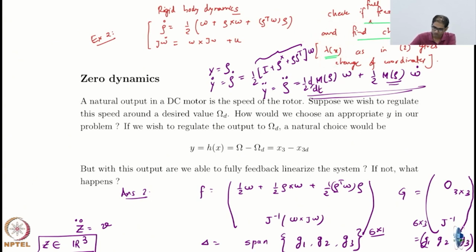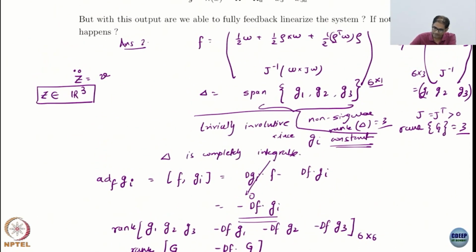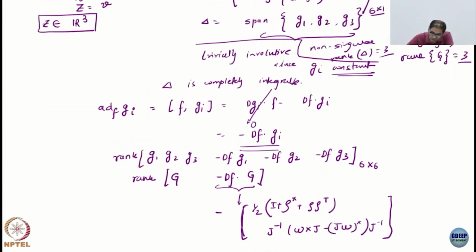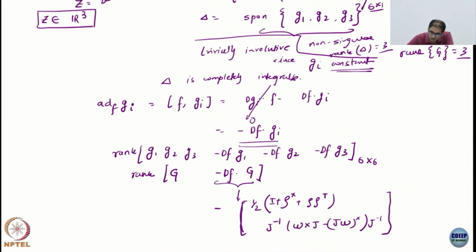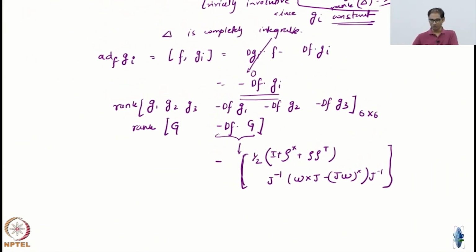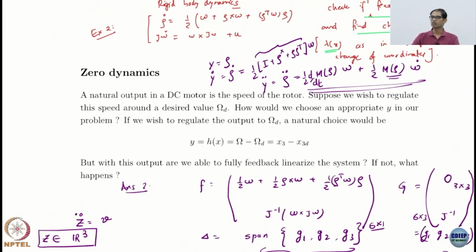I've actually checked a little bit of the involutivity and things like that. I don't know if I actually found the coordinates. Doesn't look like it as of yet. So you can probably give that a shot. Basically, the idea is to find an output for which you have full state feedback linearization.